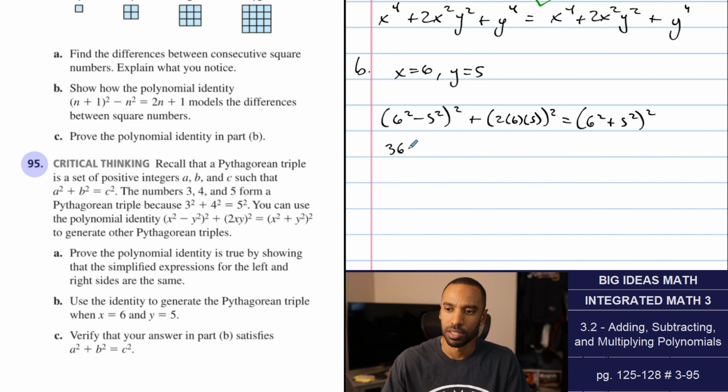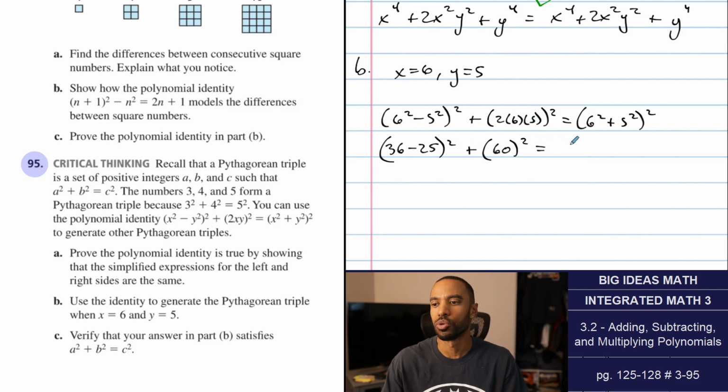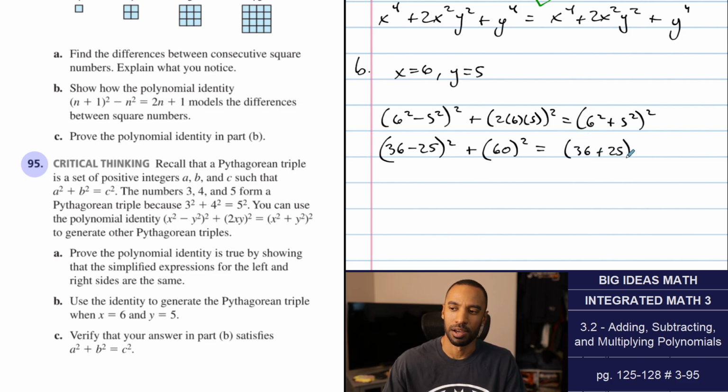36 minus 25, squared, plus 60 squared. Oh, so these are by the way the numbers that we're working off themselves. So this is 11 squared plus 60 squared. Basically, these are the Pythagorean triples: 11, 60, and 61.